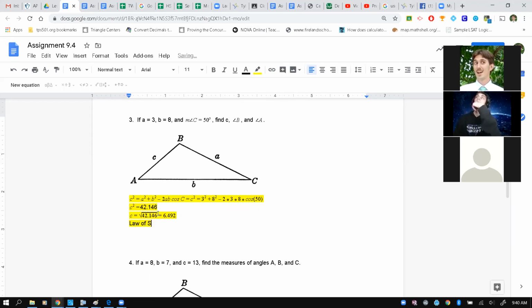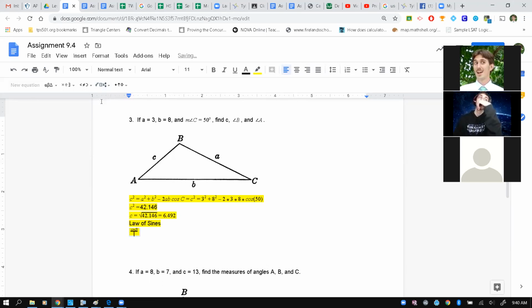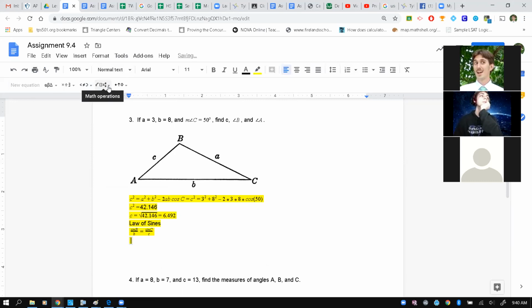The law of sines states that the sine of B over side B is equal to the sine of C over side C. If you plug in, you'll get sine of B over 8 is equal to the sine of 50 over, now we know side C is 6.492. And then you just cross multiply, divide, and take the inverse sine.